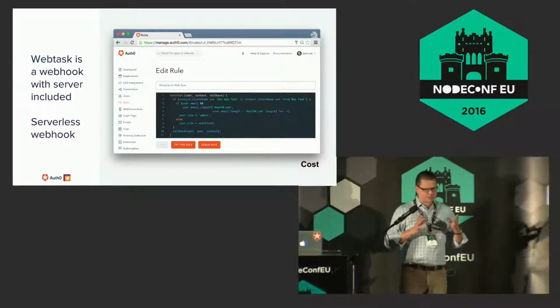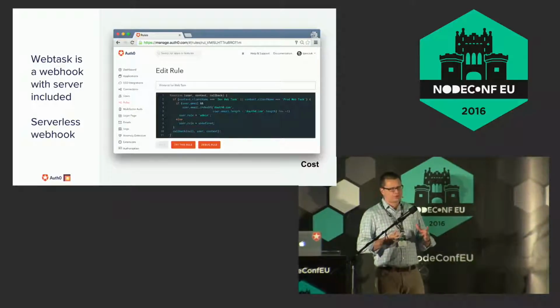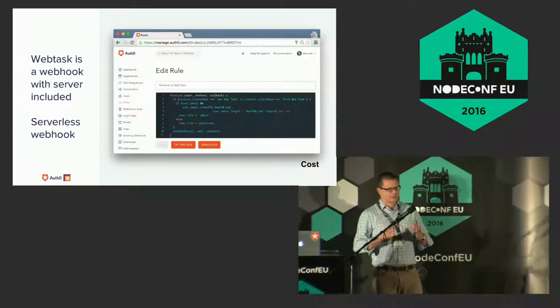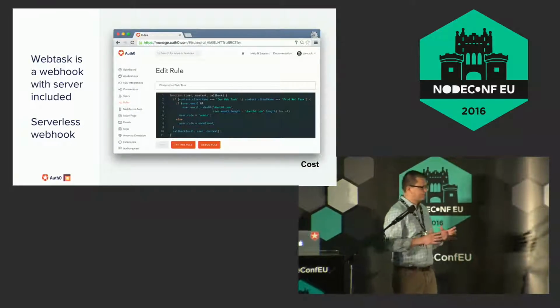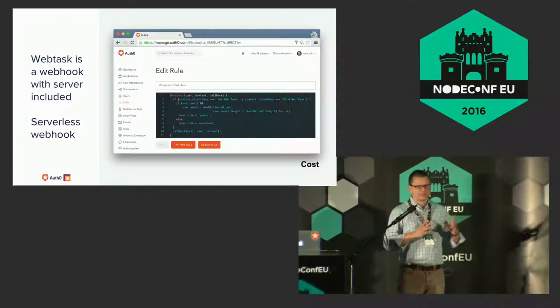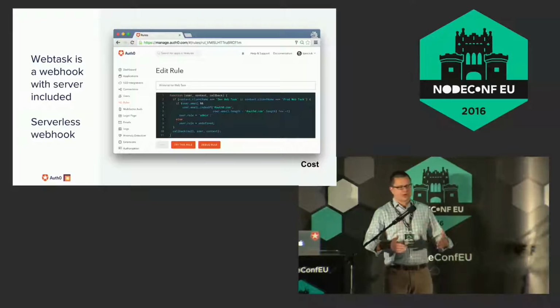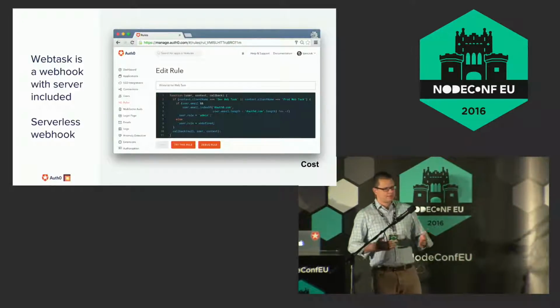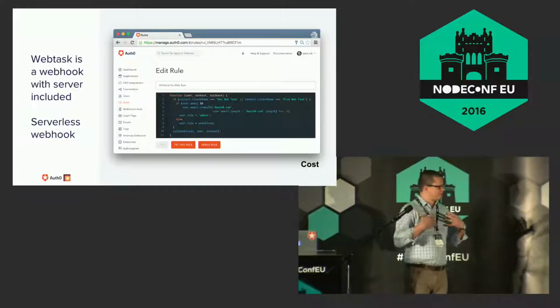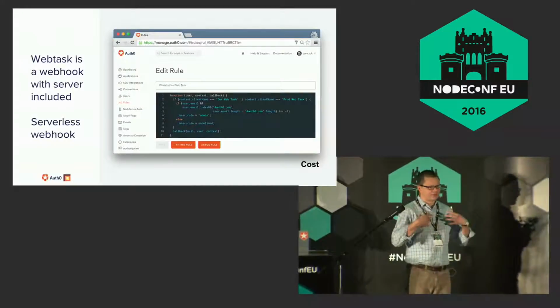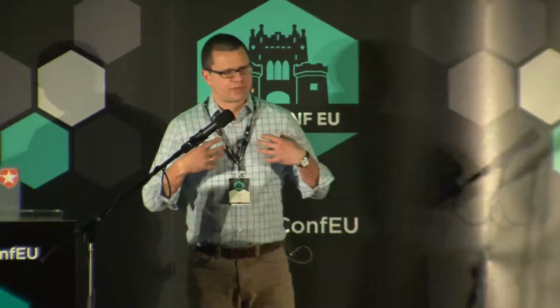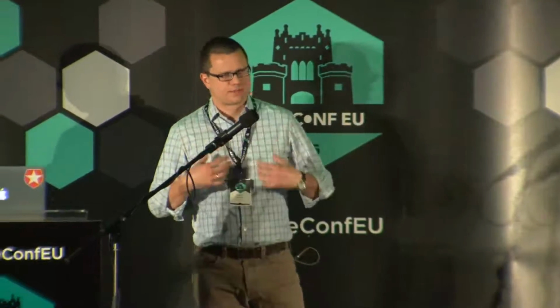Instead of letting people configure webhook URLs in our platform to enable them to run custom code, we actually enabled them to write that code directly in our platform. So what this did is that it took away all the concerns associated with finding the place to run this code, maintaining this code, scaling its servers, and so on and so forth. It took it away from the developer plate and made it Auth0's responsibility to run this code.